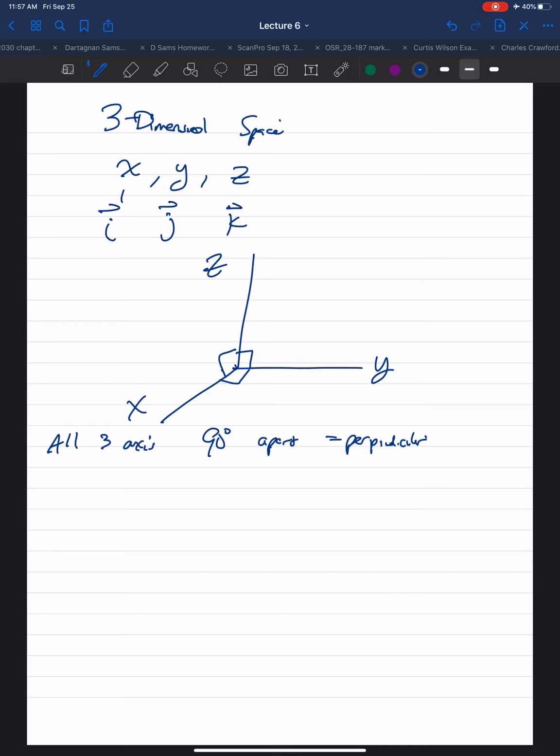So then the cross product, we said again, vector C is vector A cross vector B. The magnitude of C is AB sine of theta.